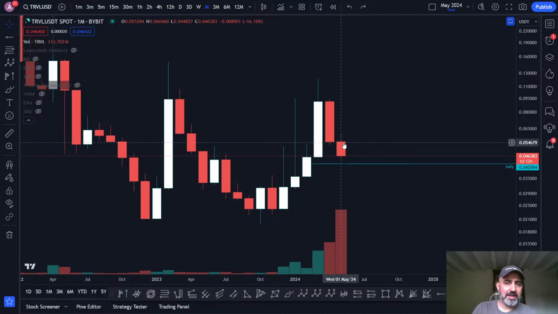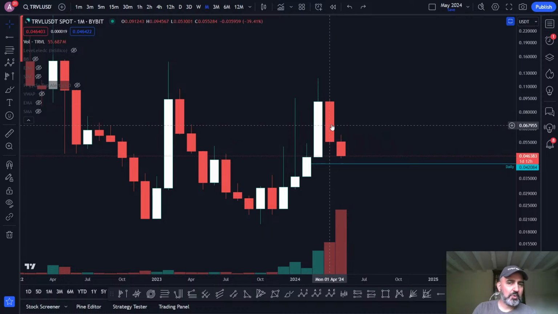And now in this month, we've put in 113 million TRVL in volume, and in the current price action, we've only been able to come down from 5.5 cents all the way down to 4.6.